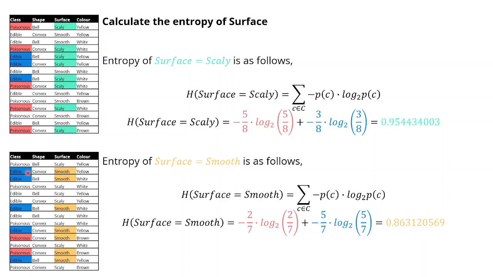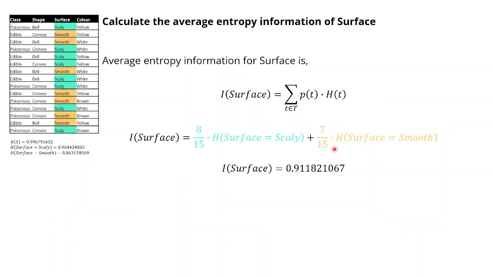Aside from that, how many edible smooth surfaces? We have 1, 2, 3, 4, 5. So 5 over 7 here, 5 over 7 here is equal to 0.86 something. Okay? So that is the entropy for the surfaces scaly and smooth.